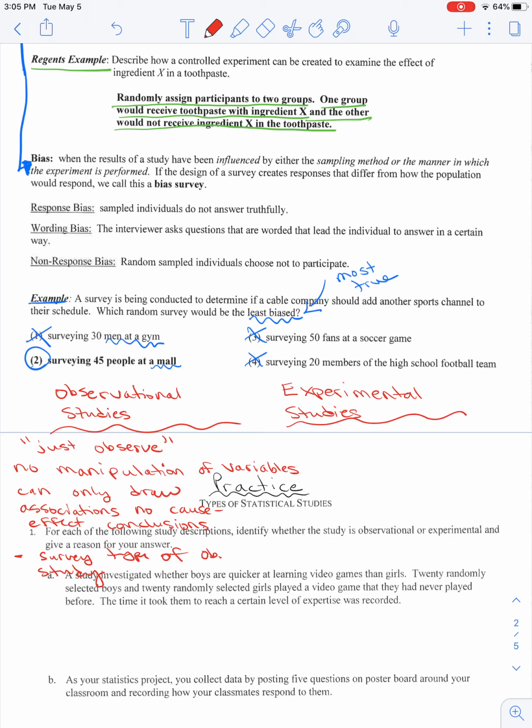Okay. In an experimental study, you're creating an experiment. So you have a control group and a treatment group.